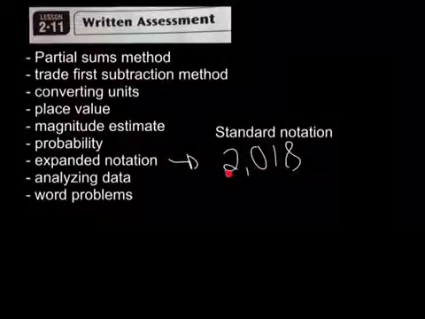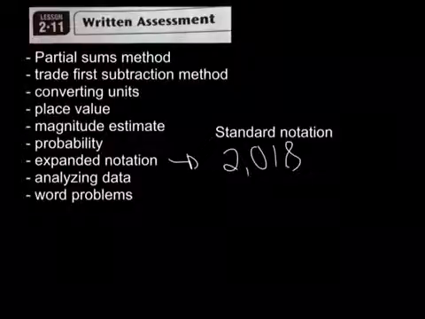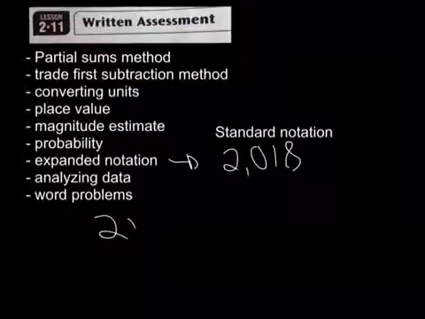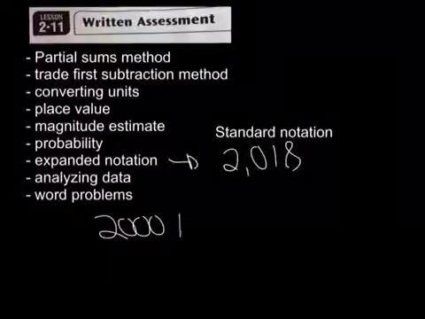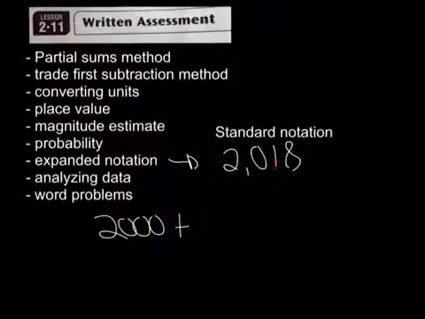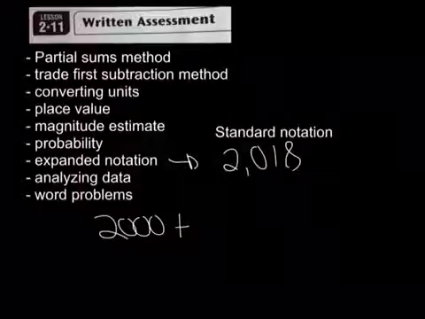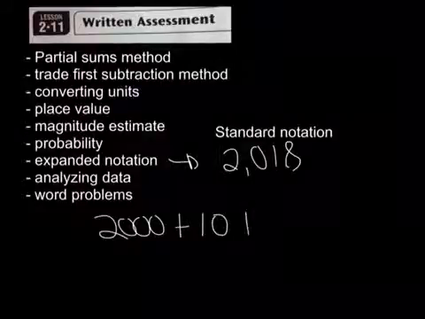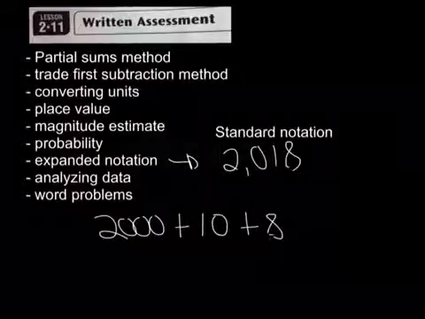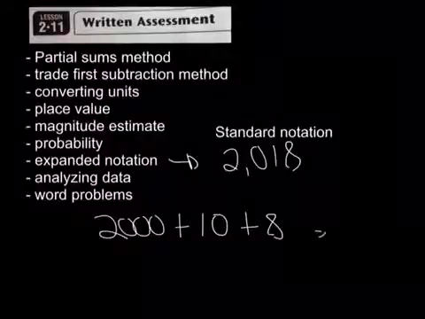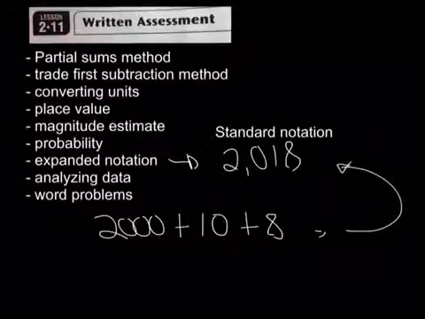Okay, so here we have 2000, so I write the number 2000. Plus 0. Well, no, we don't really put 0. 0 is just a placeholder, so we skip the 0 and we go to the next one, which is plus 10. And then plus 8. And when you add these numbers, you will get your standard notation.